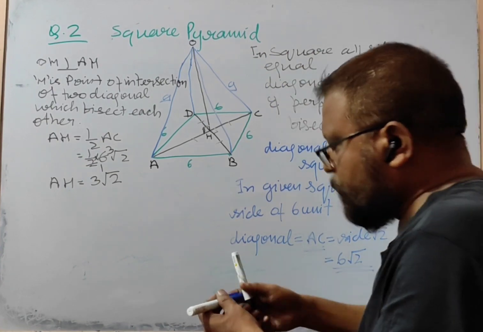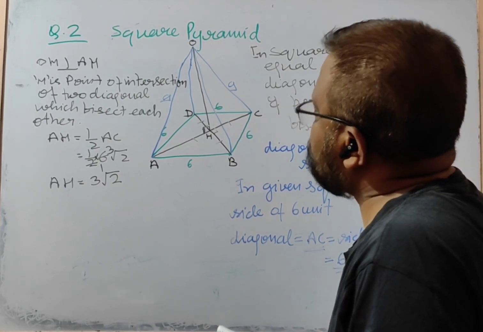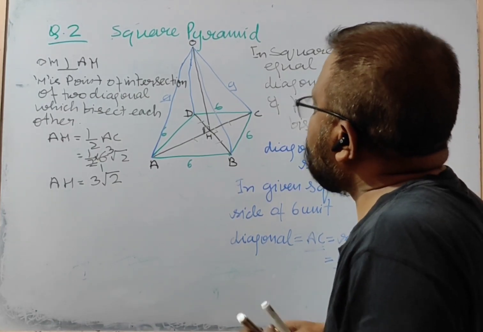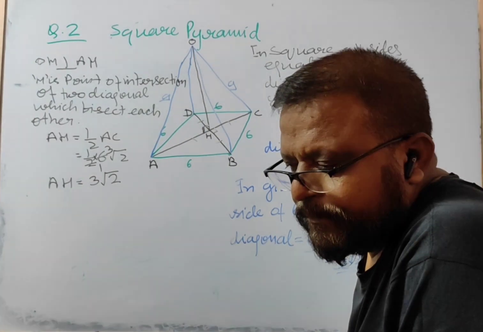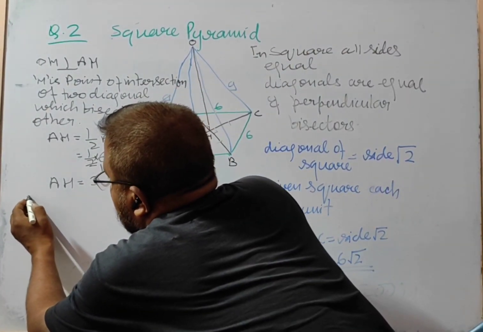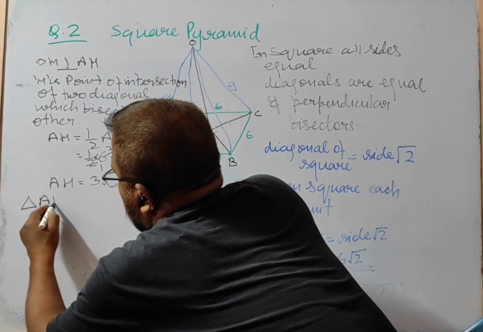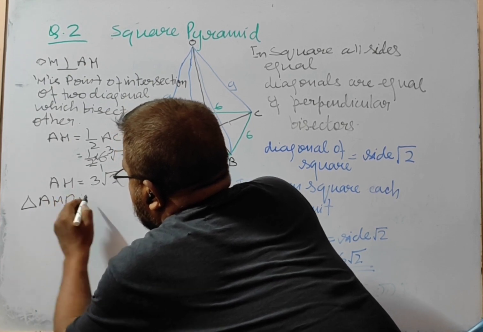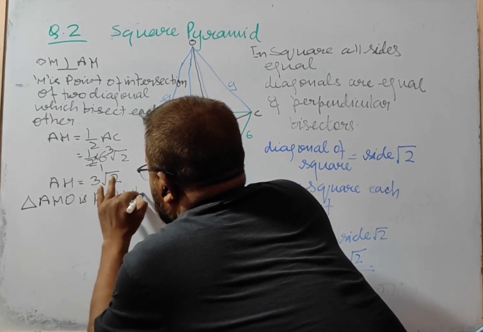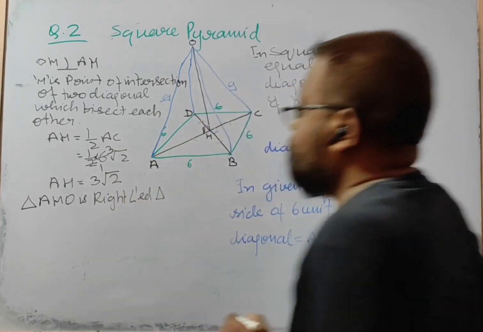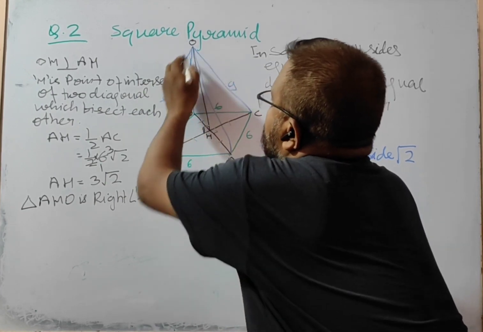Now we have to find OH. So triangle AHO is a right angle triangle.